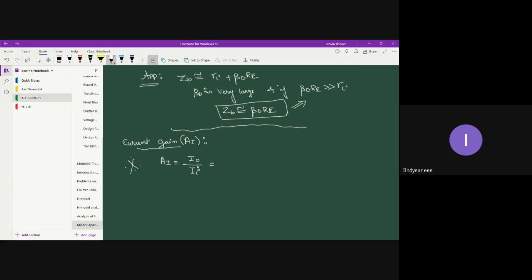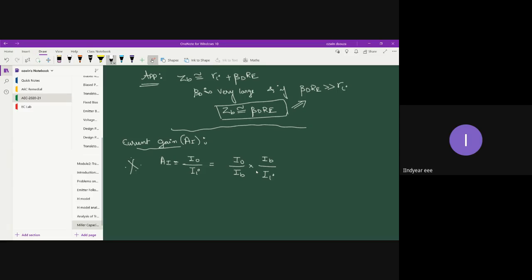So what I will do, I naught by II, let me write it in this manner. I naught divided by II, and then multiply and divide by IB. Mathematically, no harm done, because IB is going to cancel out with this IB, so you are left with I naught by II.